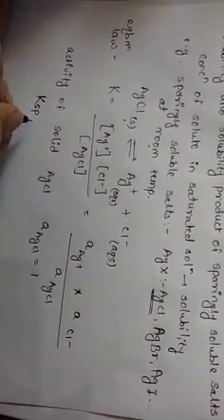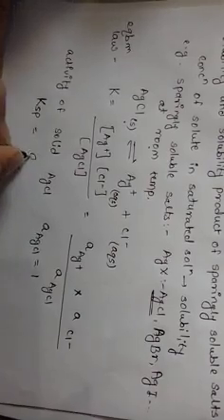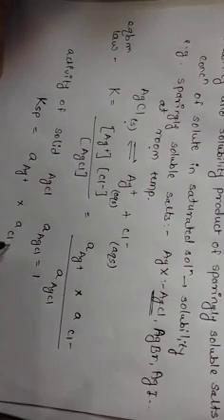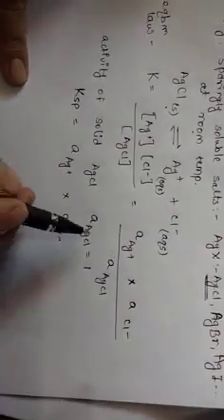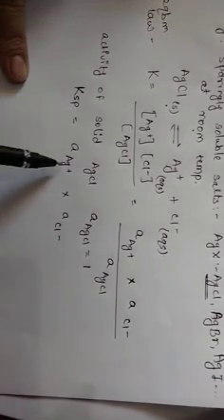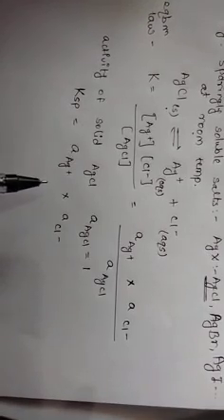Okay, so it is nothing but the activity of Ag plus into the activity of Cl minus, because we are considering the denominator as 1. Hence this Ksp is the activity of silver plus ions and the activity of Cl minus ions.